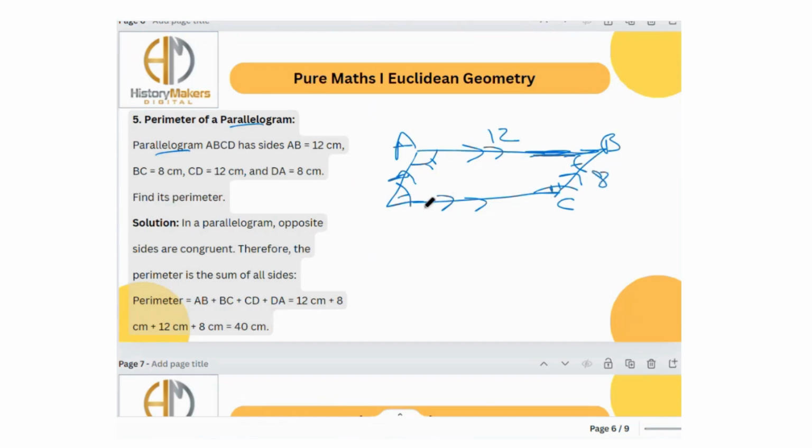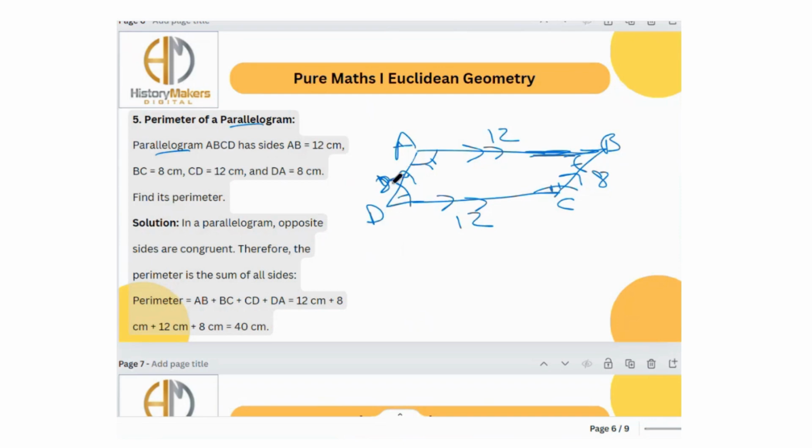And then you have the parallel side that is equal. Again, you got a 12 here. And then lastly, you got DA, which is an 8. So therefore, you have both sides opposite each other being 8, 12, and the opposite side also being 8, both of them.